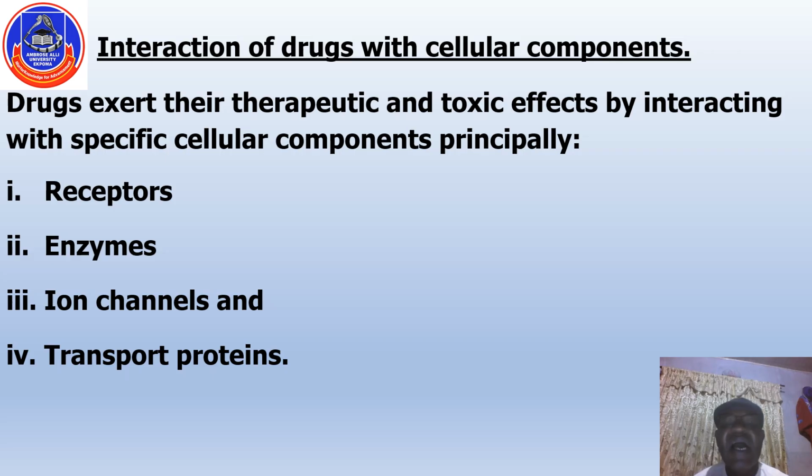Understanding how drug-cell interaction affects the living system is fundamental to biochemical pharmacology, as it explains how drugs produce desired effects, why side effects occur, and how variations in cellular targets contribute to differences in drug response among individuals. Like I said earlier, let's look at each of these in turns.